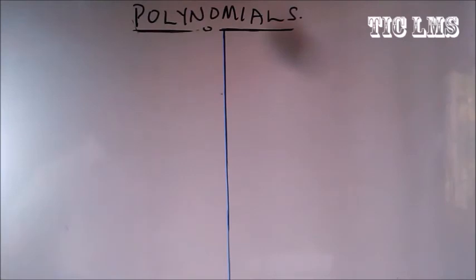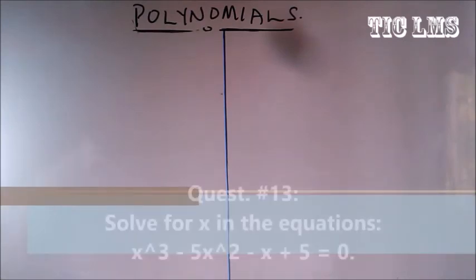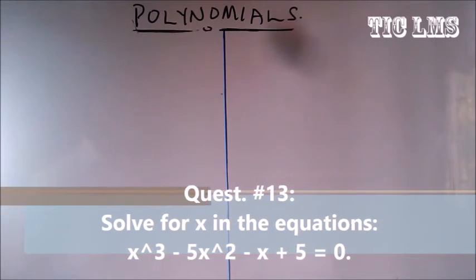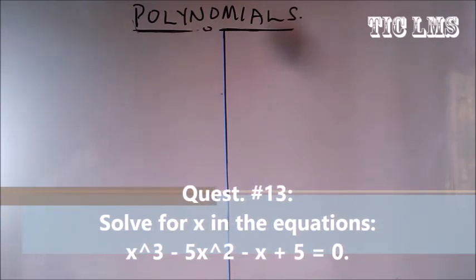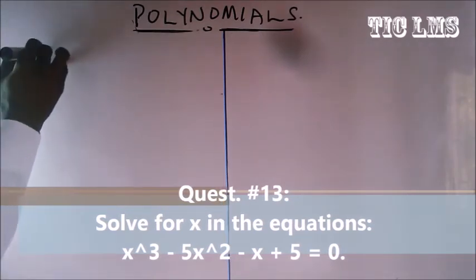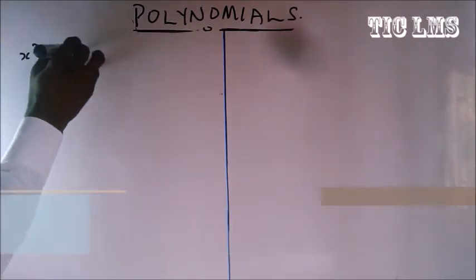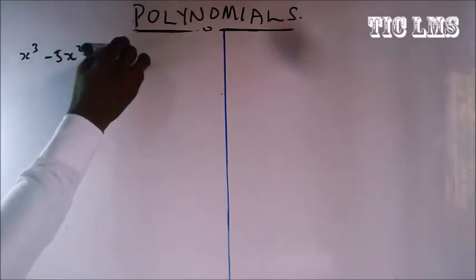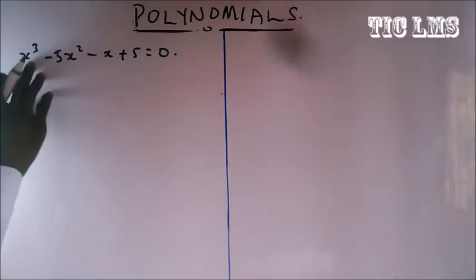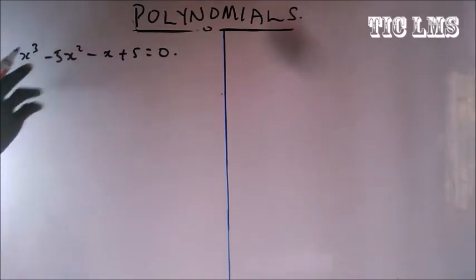The question says solve for x in the equation x cubed minus 5x squared minus x plus 5 equal to 0. This polynomial has a power of 3.